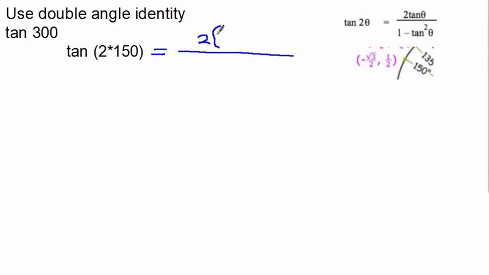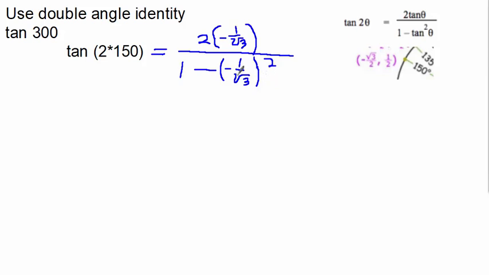So in parentheses, I'm going to put 1 over square root of 3. In the denominator, we're going to have the same 1. When we square a negative, we do get a positive. So this is what we have in the denominator.